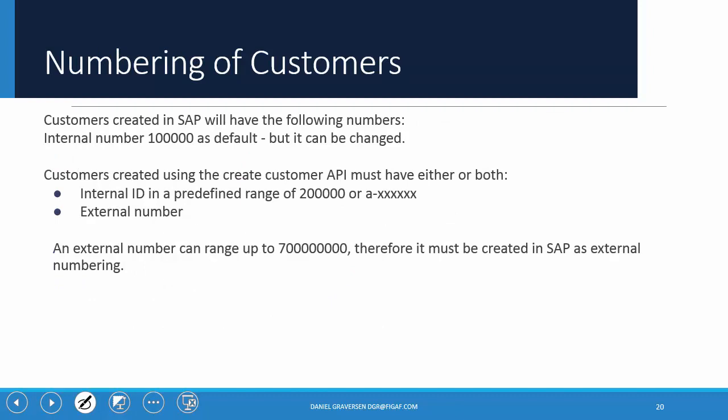So numbering of the customer object caused a lot of confusion. There are two kinds of number ranges. There's the internal number range that is defined, and I think it's standard. It's using the 100,000 number range, but that can be changed. Whenever you create a new business customer, it will be in this number range.